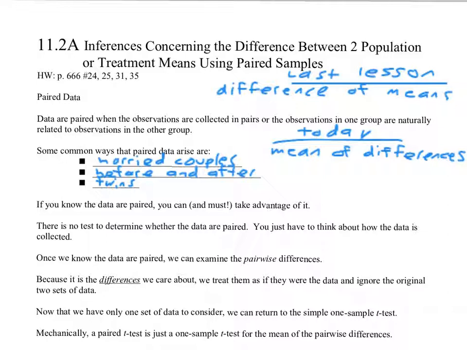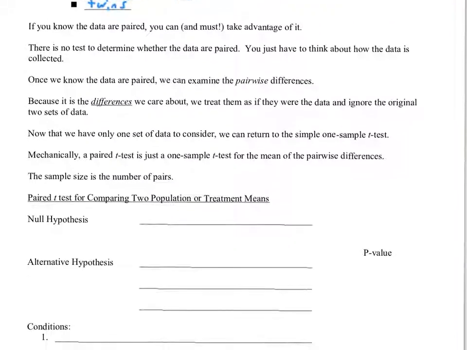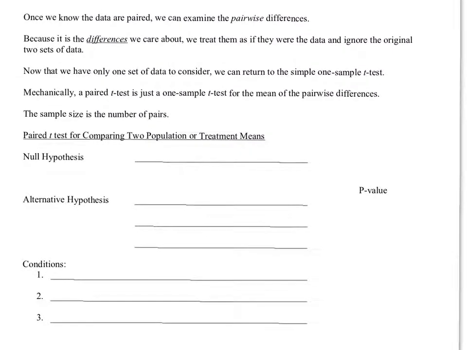So if you know that the data are paired, you can and must take advantage of it. There is no test to determine whether the data are paired. You just have to think about it logically. Once we know data are paired, we can examine the pairwise differences. So because it is only the differences we care about, the differences becomes our data, and we ignore the two original sets of data.